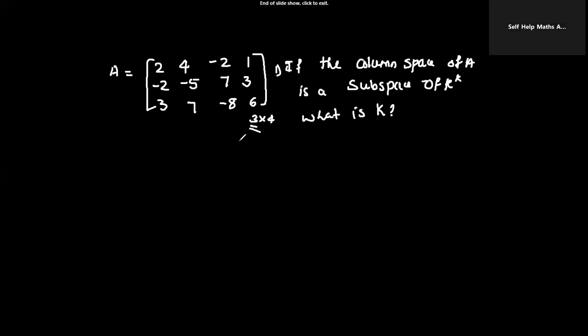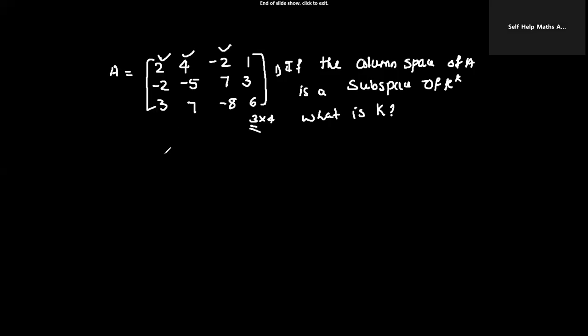This is a 3 cross 4 matrix. In each column, if you observe carefully, we have 3 entries.